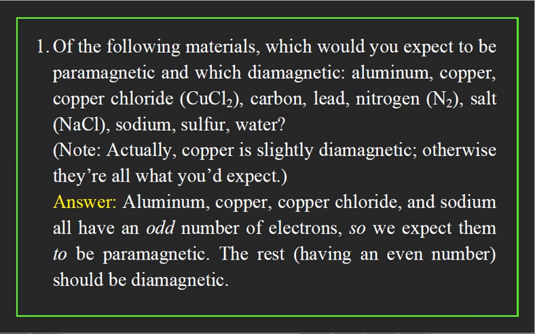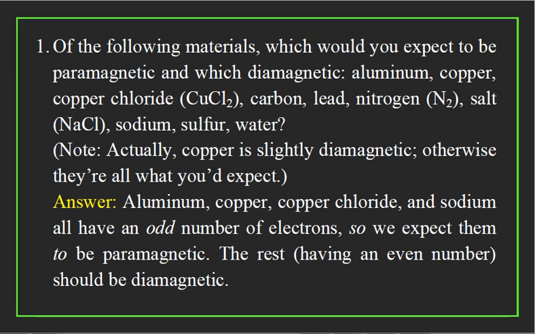So the first problem is: of the following materials, which would you expect to be paramagnetic and which diamagnetic? The materials are aluminum, copper chloride, carbon, lead, nitrogen, sodium chloride, sodium, sulfur, and water.